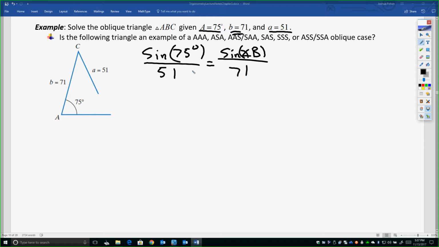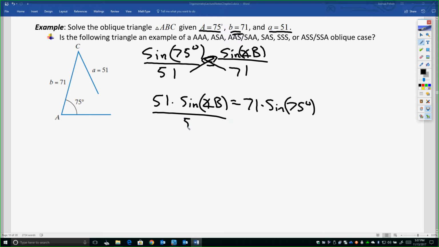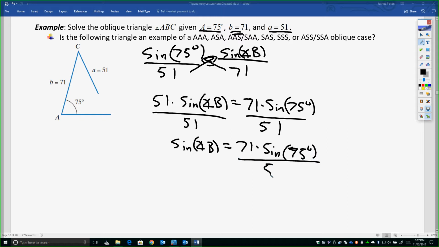If I cross multiply, that gives me 51 times sine of angle B equals 71 times sine of 75. We have to solve for the angle this time, not a side, so we'll divide by 51. So sine of angle B equals 71 times sine of 75 degrees over 51.